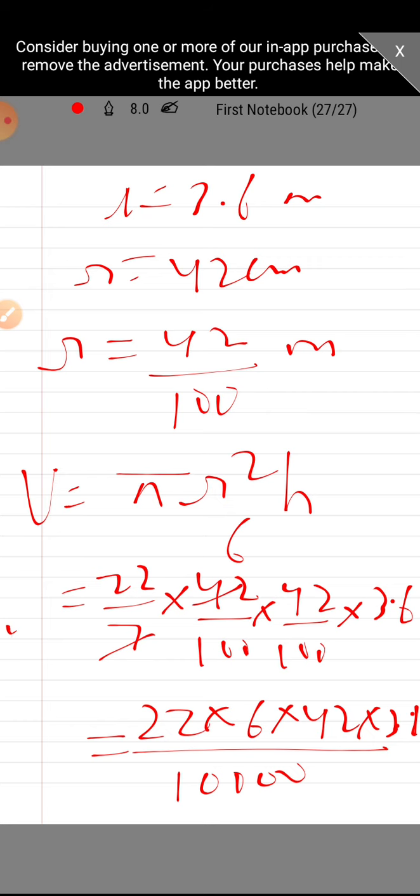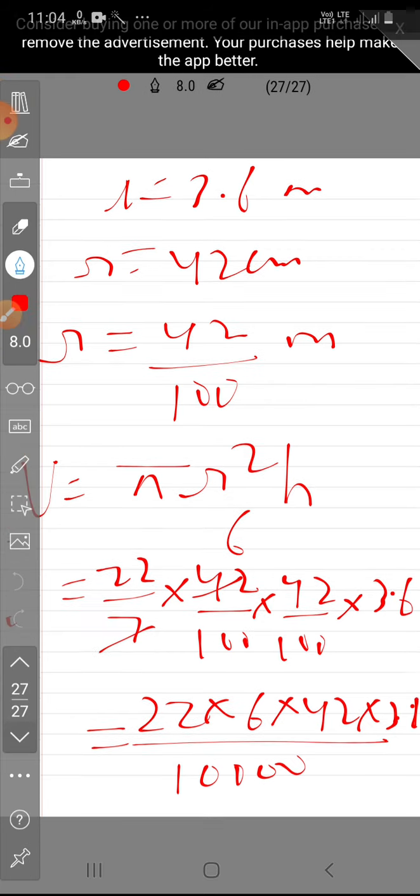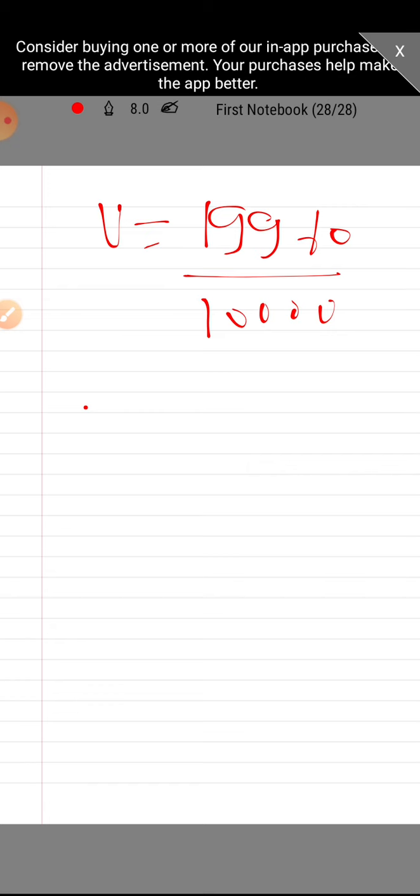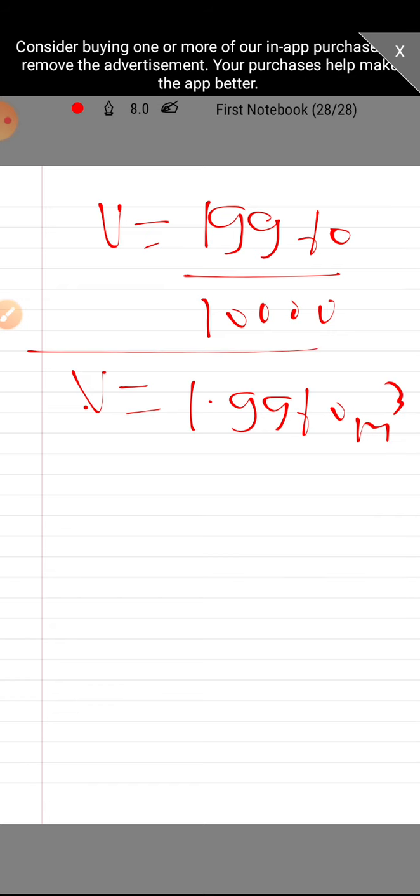So on multiplying we get V is equals to 1996 divided by 10,000. On solving we get 1.9960 meter cube. You can check by dividing. I'm not dividing here. I think you will be comfortable with at least calculating this particular division now. And I think by mistake I have taken up question number 5 first.